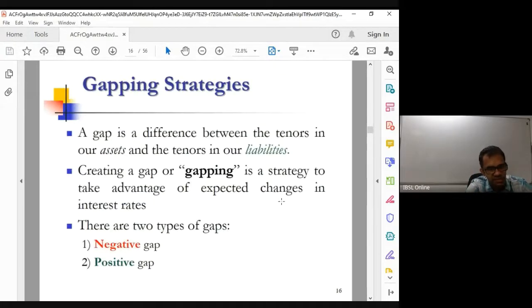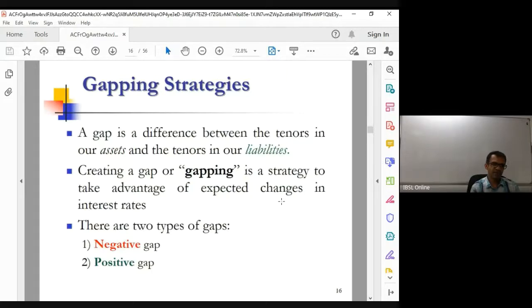How do we measure that risk? And what strategies can we use? One is gapping strategies. What is a gap? I think you have discussed the positive gap and negative gap. The gap is the difference between the tenors of assets and liabilities, or within a particular time bucket, whether you have more assets than liabilities, or more liabilities than assets.